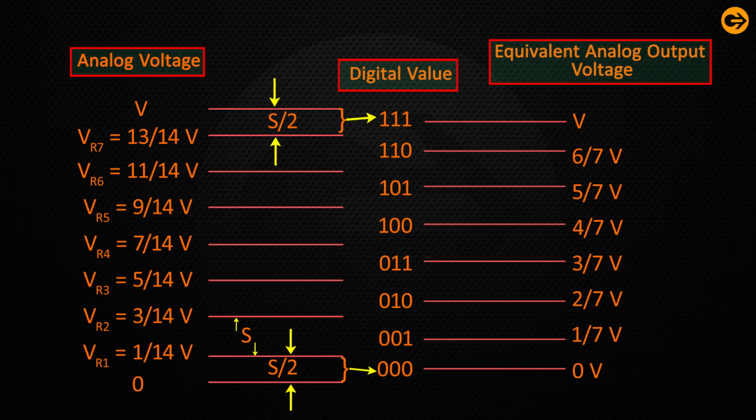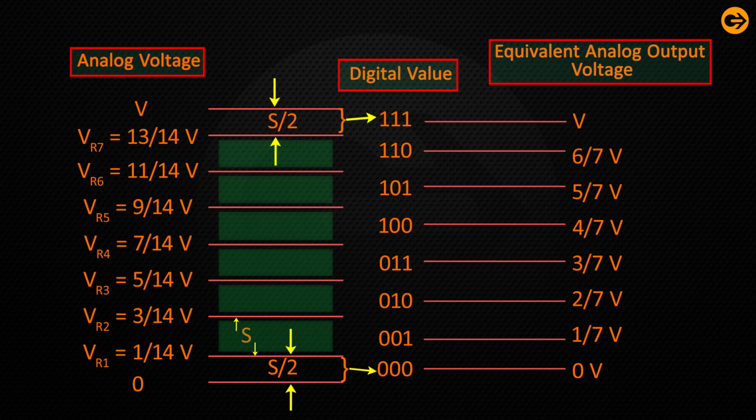Here, in this case, the maximum quantization error for any analog voltage Vx in the given range is V by 8. If we choose the middle 6 intervals of size S equal to V by 7, and the top and bottom intervals of size S by 2 equal to V by 14, then we can reduce the quantization error of an ADC.